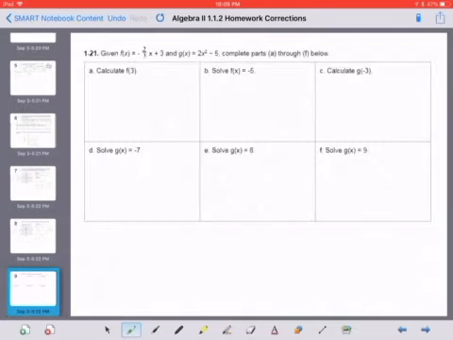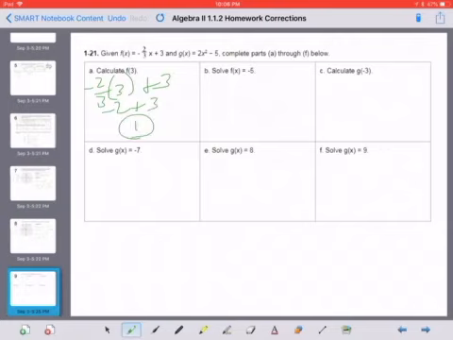This problem, there was part of it missing on your homework paper, so you want to make sure that you know that f of x was negative 2/3 x plus 3, and g of x was 2x squared minus 5. So we're going to just plug in for the first one. So we're going to do negative 2/3 times 3 plus 3. So we get negative 2 plus 3, which is 1.